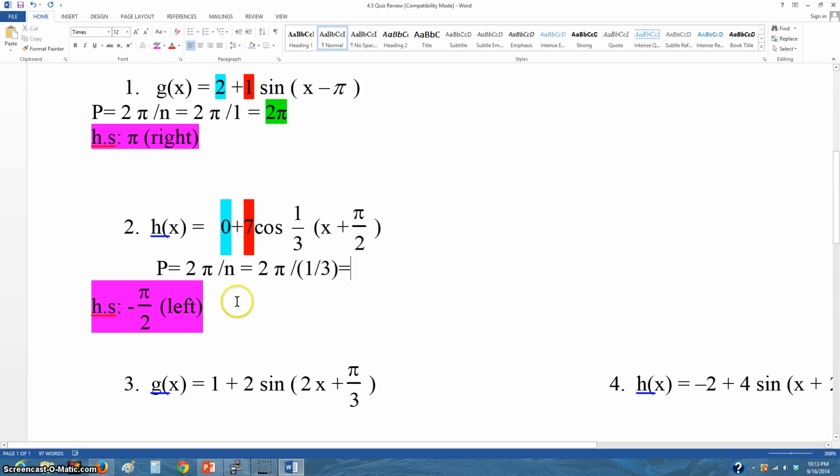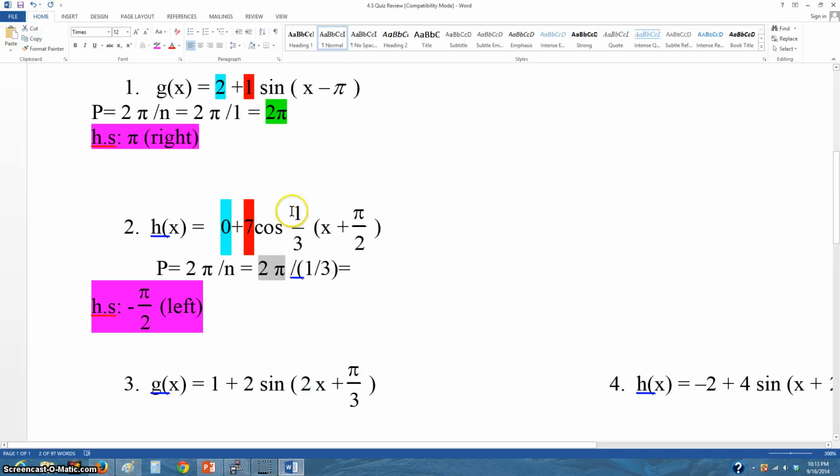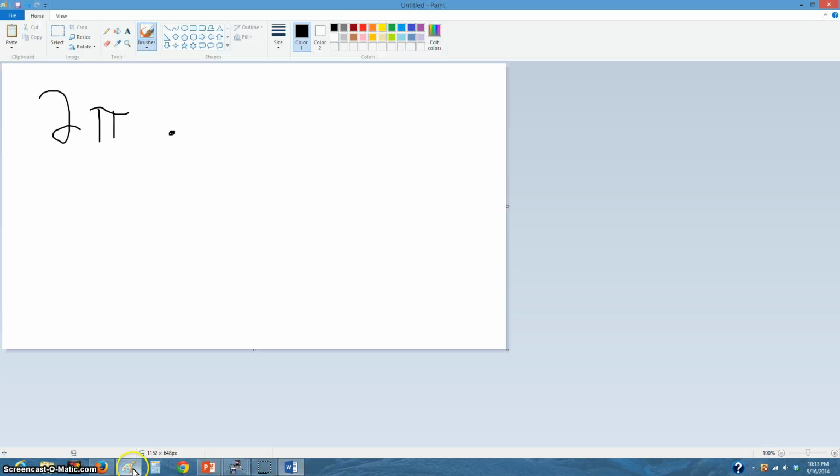So if you don't understand it, let's copy the first one. So I'm going to do it here on Paint. I'm going to copy the first one, which is 2 pi. Then I'm going to change it to multiplication. And then I'm going to flip this 1 over 3, which will now become 3 over 1.